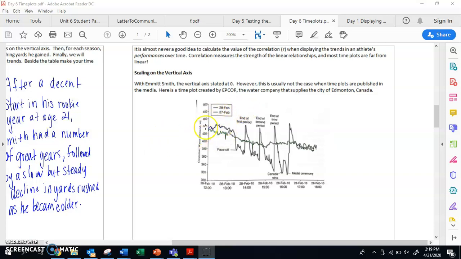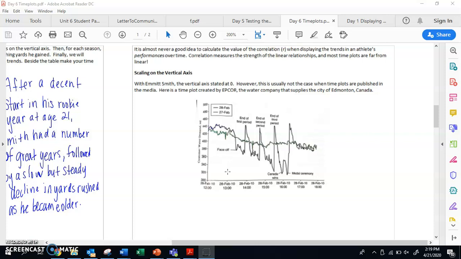So take this for example. This is a graph that was created by EPCOR, the water company that supplies the city of Edmonton, Canada. What they did was calculate the water usage over the period of February 28th, 2010, which was actually the day that Team Canada played Team US in Olympic hockey.